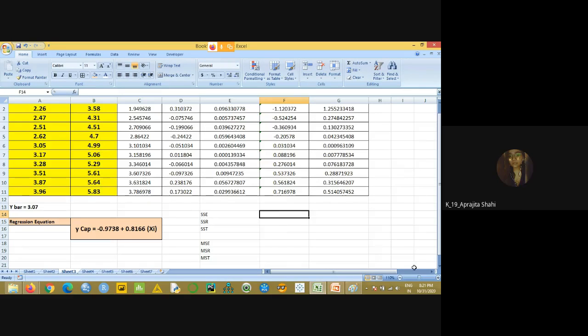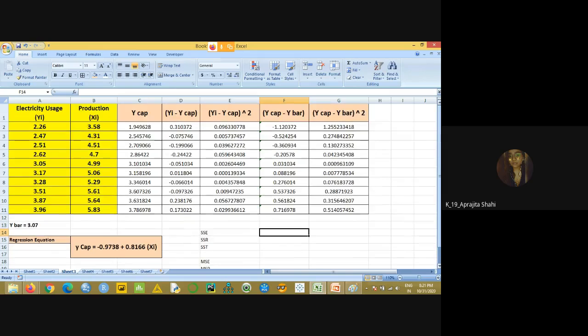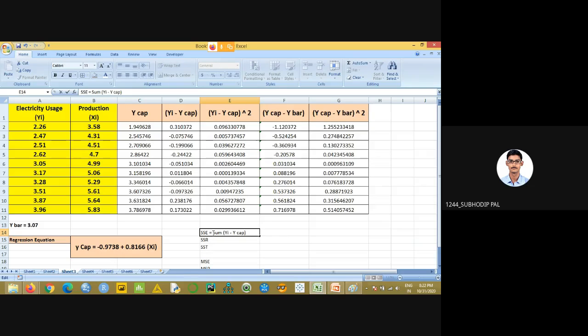Remember that the SSE formula is SSE equal to the sum of what? You have already done ANOVA. Sum of squares of errors. This is yi minus y cap whole square.